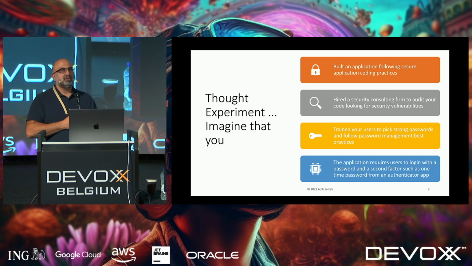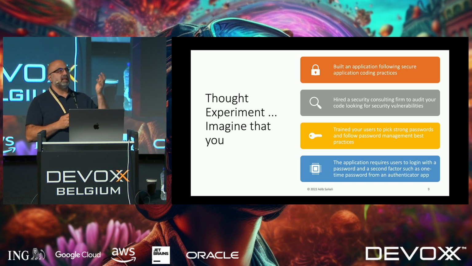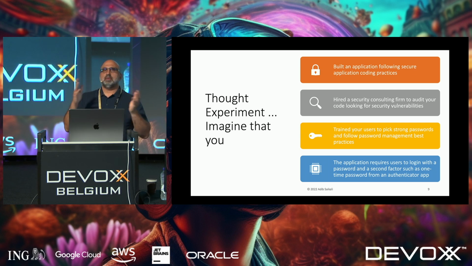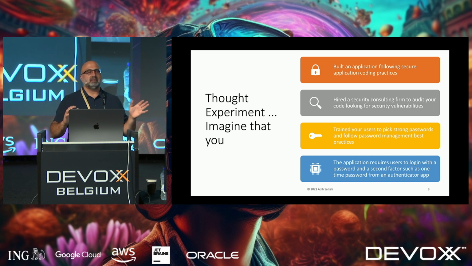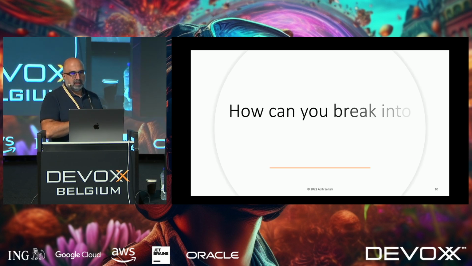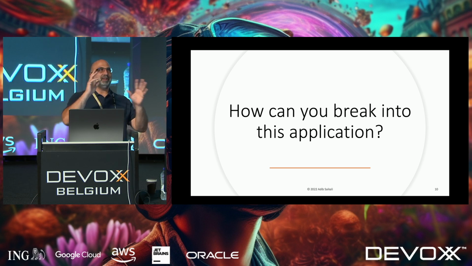And you've also implemented two-factor authentication, perhaps with something like a Google Authenticator type app or SMS. So the thought experiment: if you've done all of this, how can you break into this application for 5,000 bonus points? Somebody shout it out.